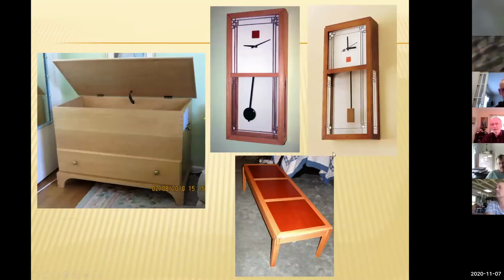Over the years, I've taken some courses, Baltimore County continuing ed courses, and learned how to make a coffee table. And here's a toy chest for our grandson. And then later, I have made some clocks, Frank Lloyd Wright style clocks, combining both wood and glass together.